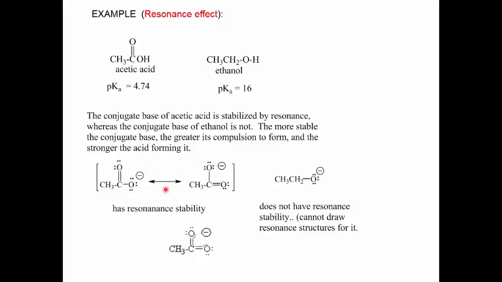Resonance stability is an important and very large type of stability. This resonance effect stability is in fact much larger than inductive stabilization in general. Because of the greater stability of the conjugate base from acetic acid, acetic acid will be the stronger acid. The acid forming this more stable conjugate base, one with resonance stability, will be stronger.